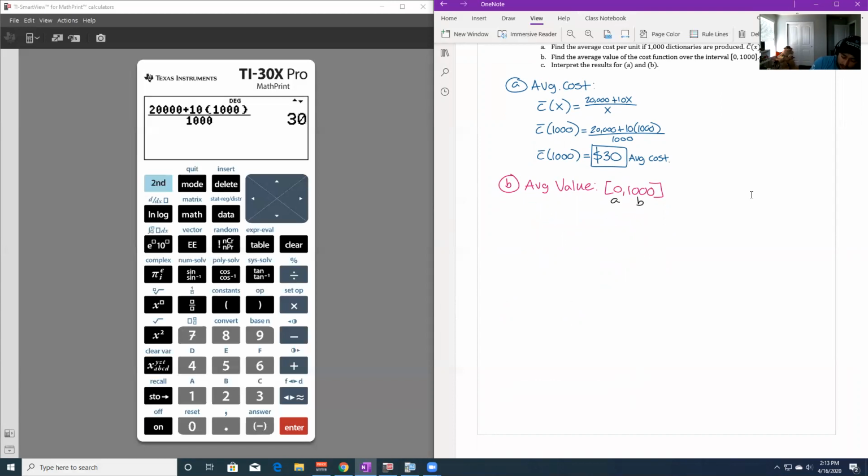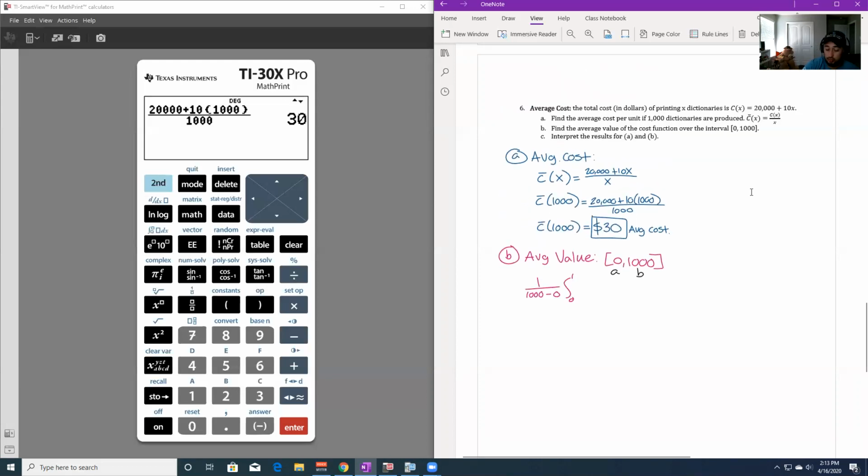So we have 1 over 1,000 minus 0. So 1 over B minus A times the integral from 0 to 1,000 of the cost function. What's our cost function? 20,000 plus 10x dx. Okay, excellent. So now let's clean it up.